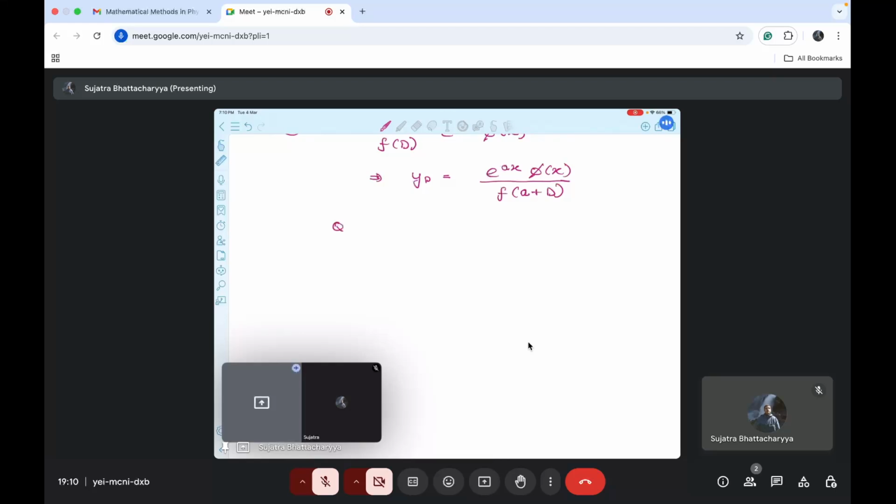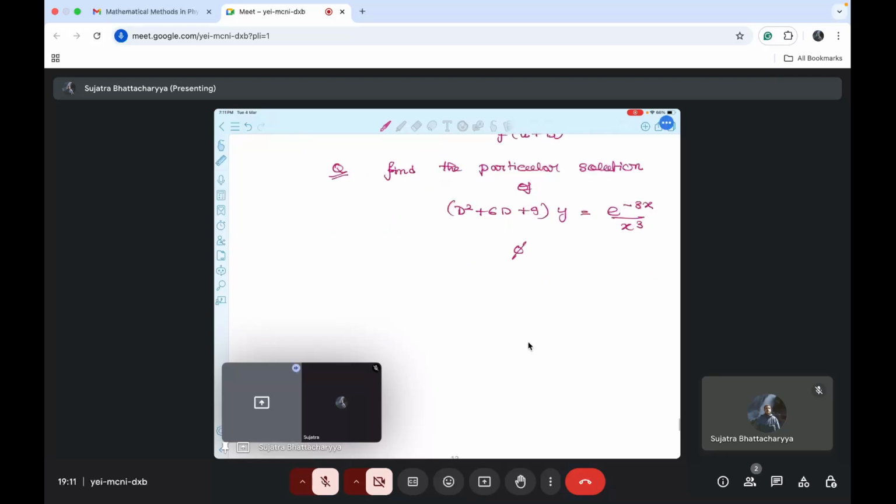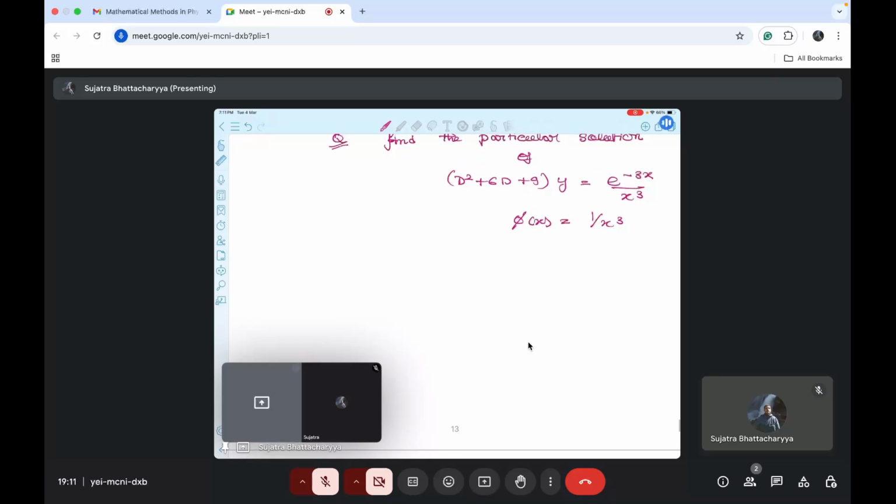So suppose you have a question: find the particular solution of (D square plus 6D plus 9) y is equal to e to the power minus 3x divided by x cube. So here phi of x is nothing but 1 upon x cube, and e to the power minus 3x is already there.